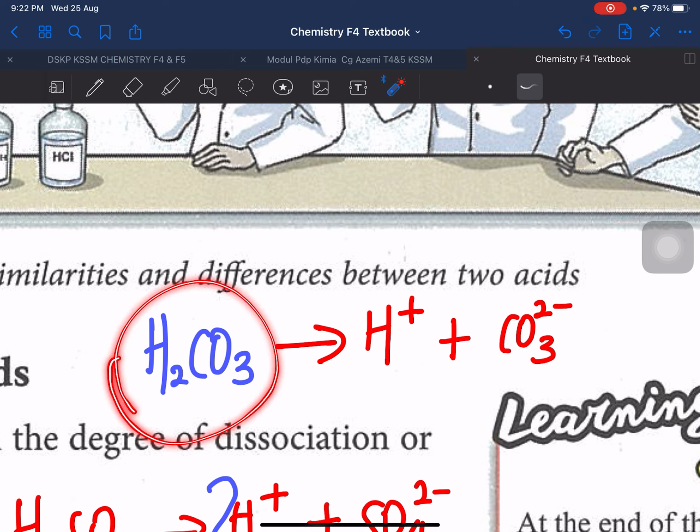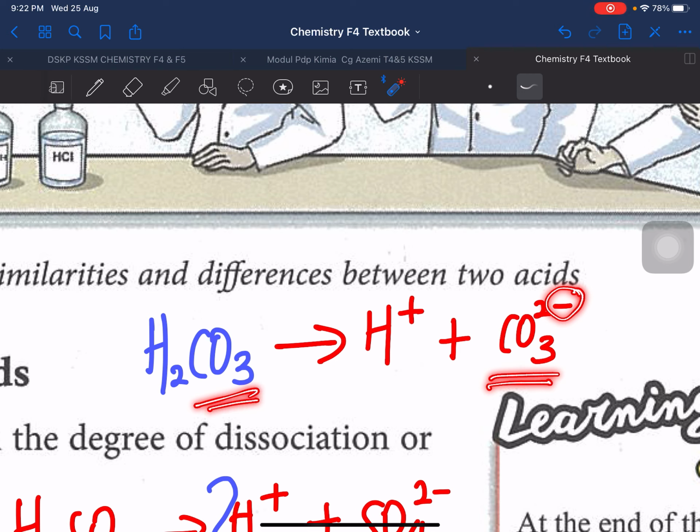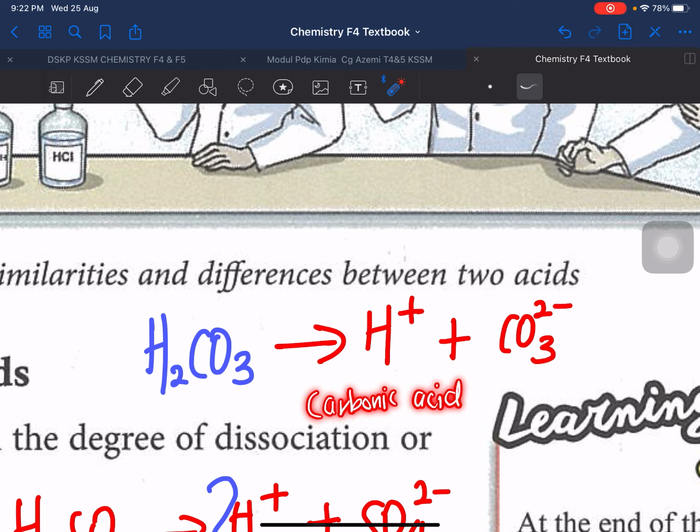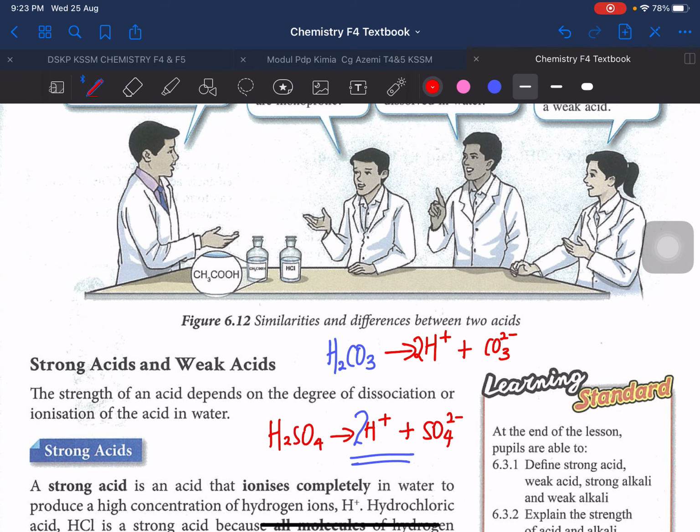Asalkan asid, dia akan mencerai menjadi hydrogen ion dan juga anion. Anion tu kawan dia lah yang sebelah. So ini dua actually comes from the charge for the carbonate. That's why this one is called carbonic acid. Jadi carbonic acid ni, let us look at the equation here, it is going to become 2. Okay, so yeah, this one is diprotic acid.